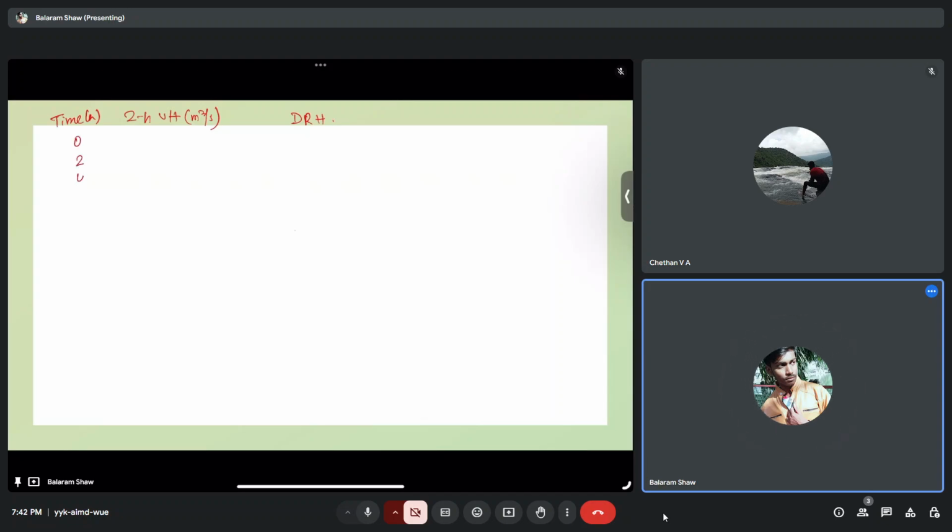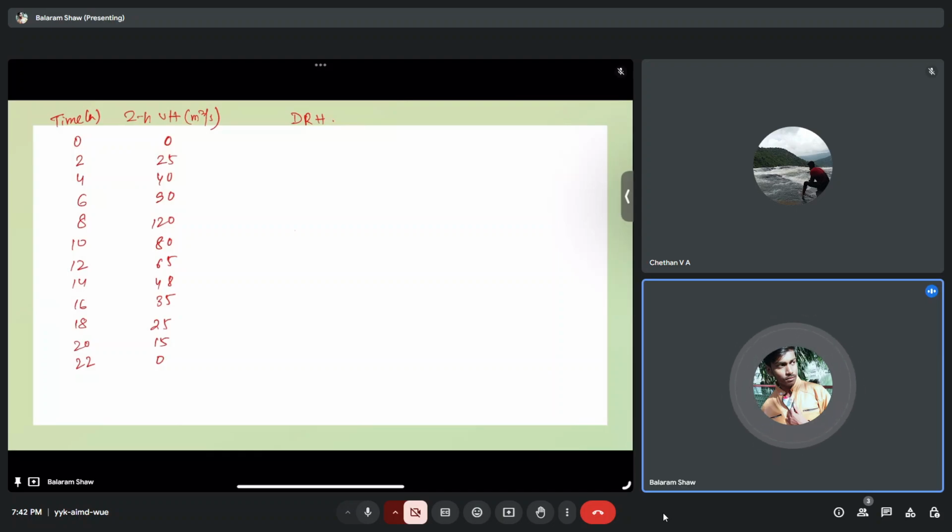0, 4, 6, 8, 10, 12, 15, 16, as many as there, 16, 18, 20, 22, right? And the value was 0, right?